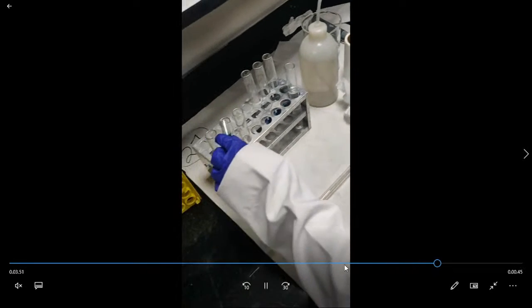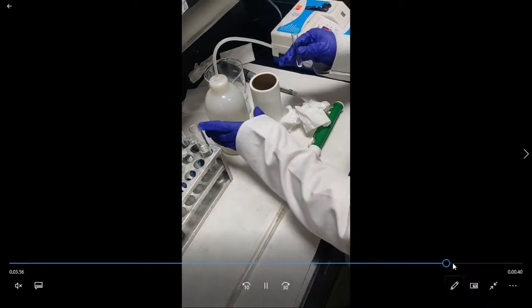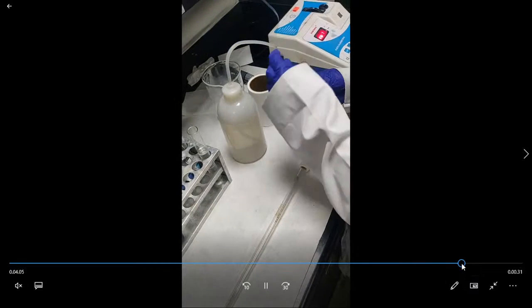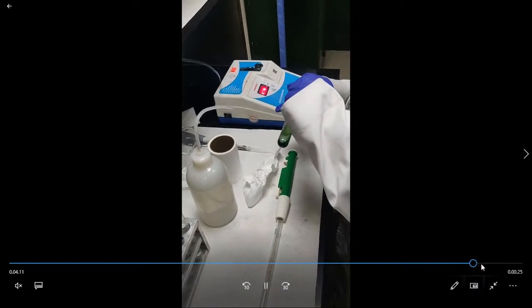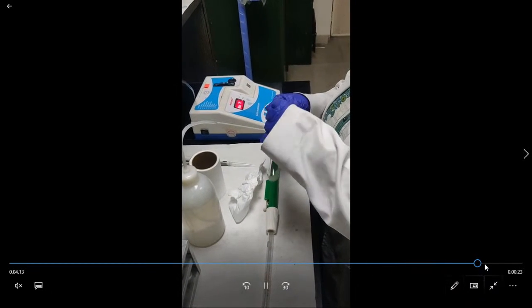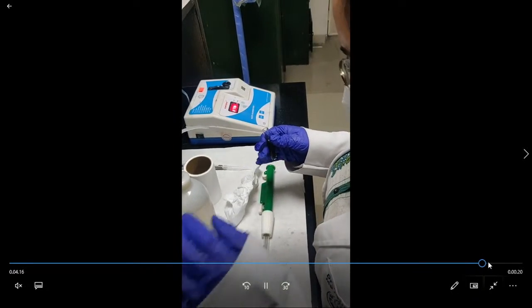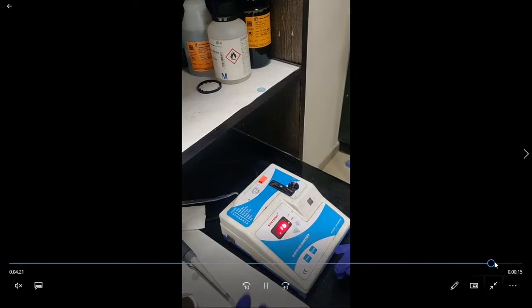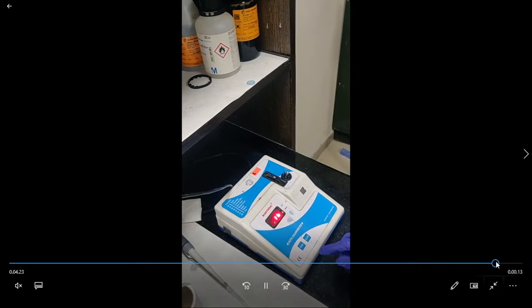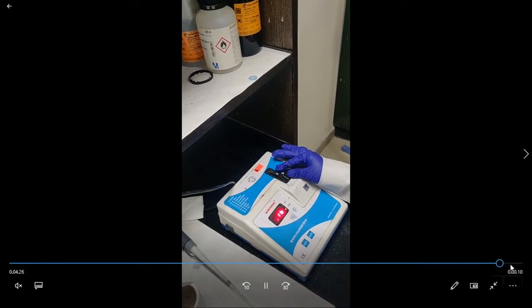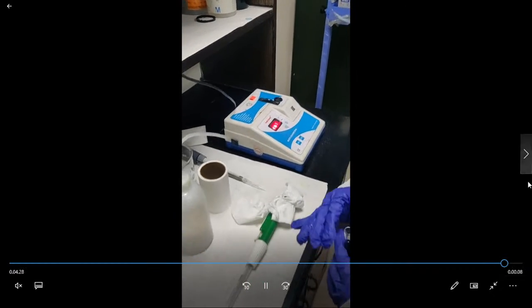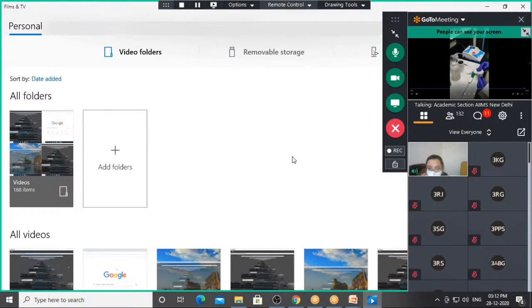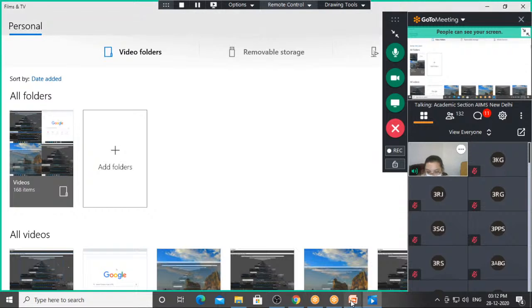We have to note it down. And finally I will take the reading of the test solution, which is 0.616. Now we have to do the calculation.